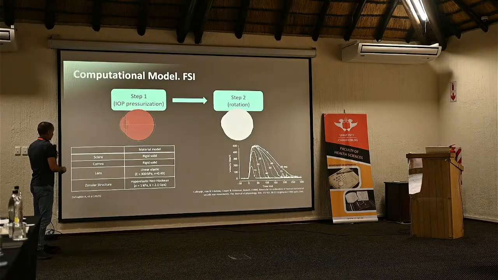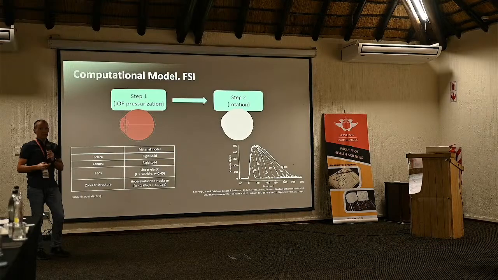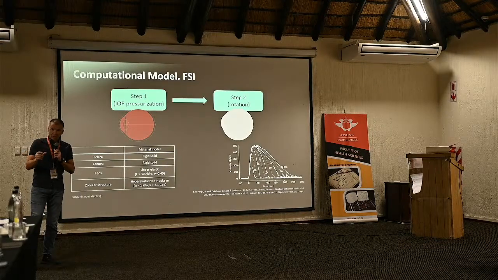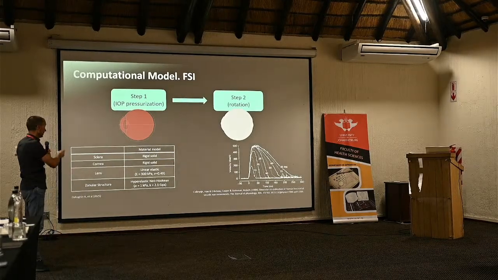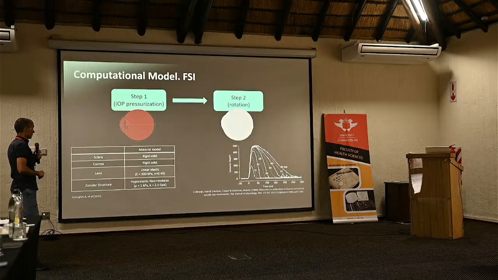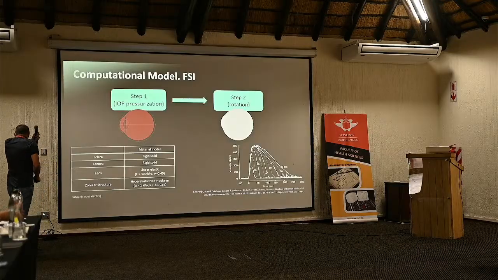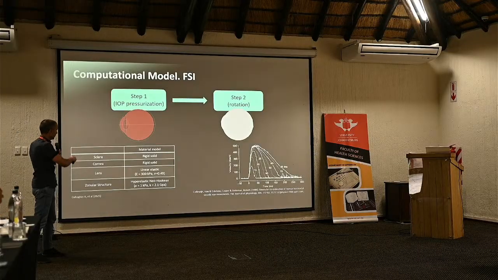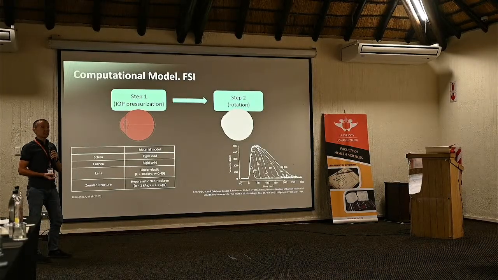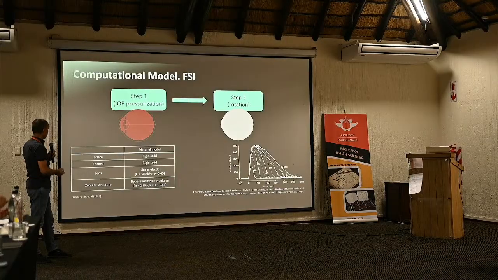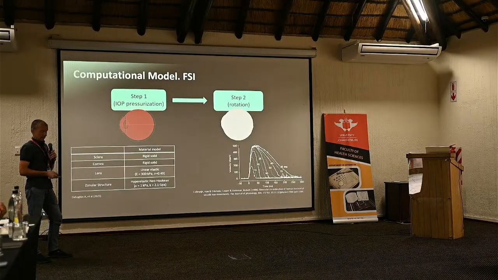Then you can see the mechanical properties of the lens, a homogeneous material given by those parameters, considered as linear elastic: Young's modulus, Poisson's coefficient. And finally, the hyperelastic material properties for the zonular structure.